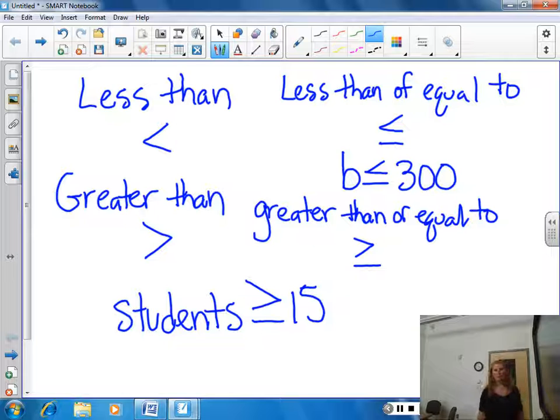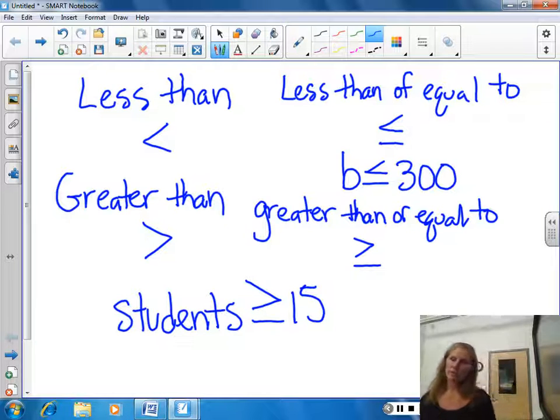So it's greater than or equal to. Students are greater than or equal to 15. So if it can be exact or greater than, or exact or less than, then we talk about it being greater than or equal to, or less than or equal to. But notice that less, whether it has the equal to part or not, is always pointing to the left, and greater is always pointing to the right.